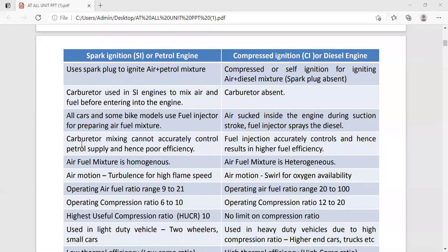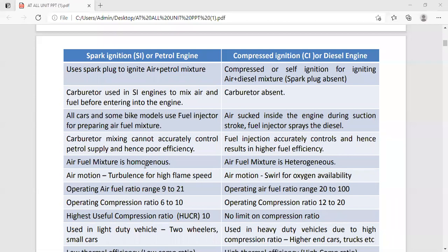Keep in mind, in the carburetor the mixing cannot be accurately controlled, so we find poor efficiency. But in the CI engine, fuel injection is accurately controlled, hence it results in higher efficiency.